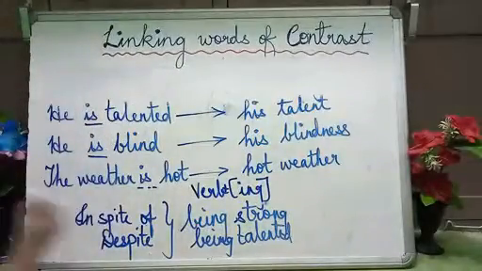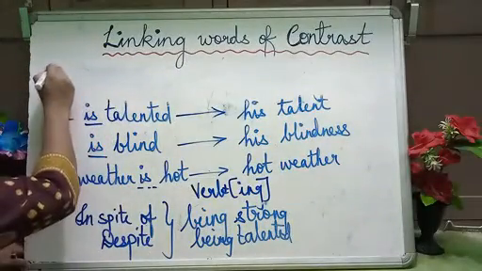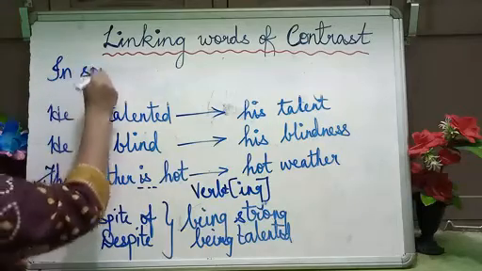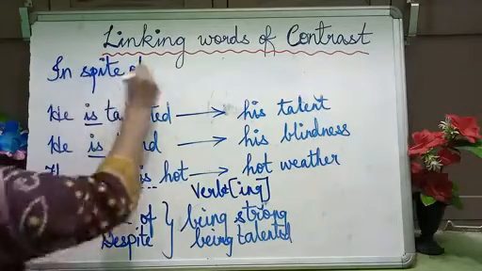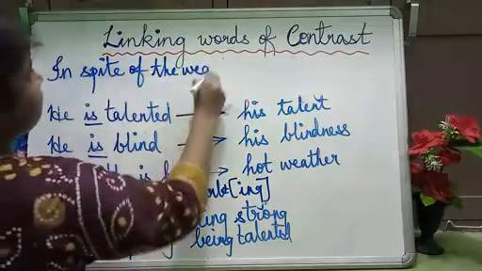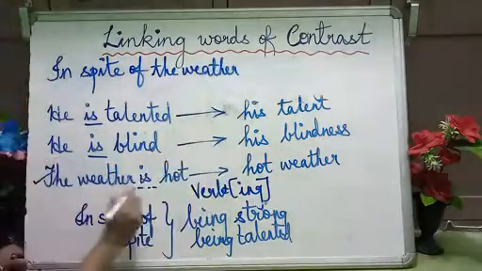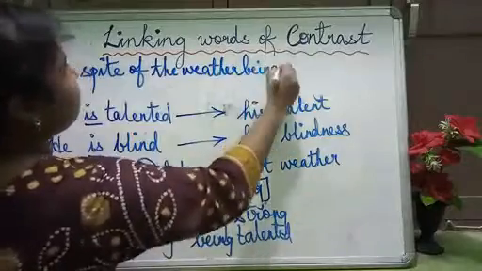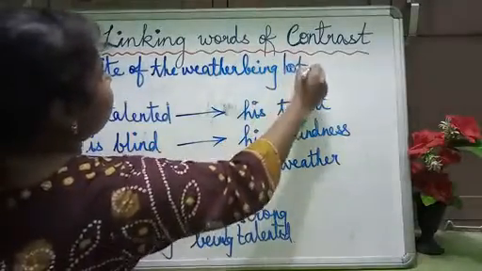Okay. So how will you write this? In spite of you will write. Then the weather. Then instead of is, you are writing being. Okay. Then hot. Then comma.